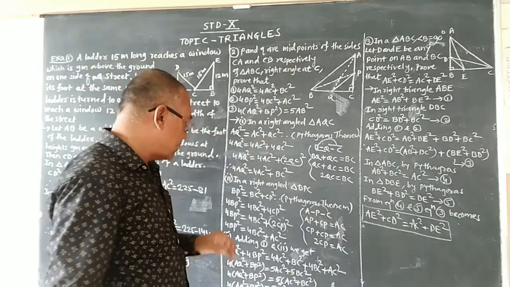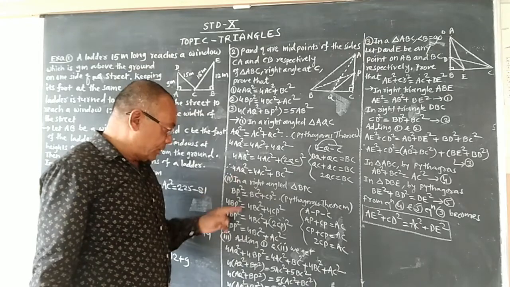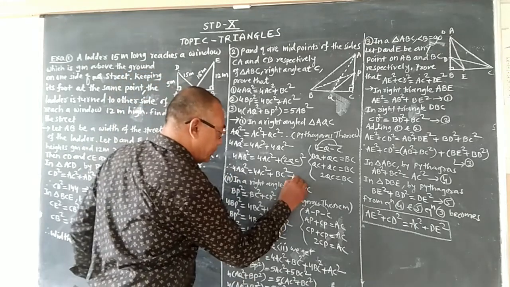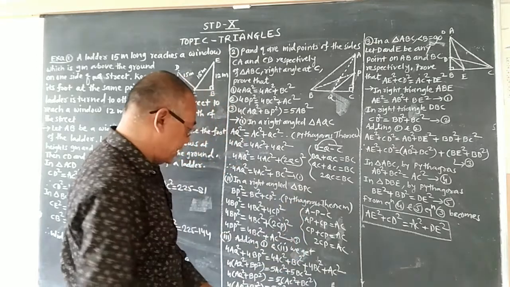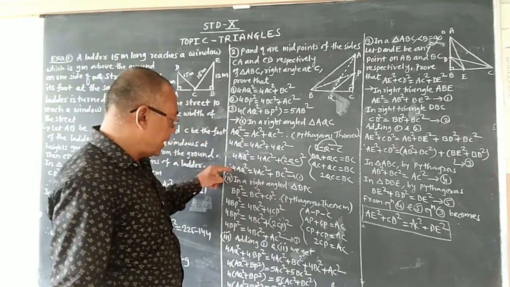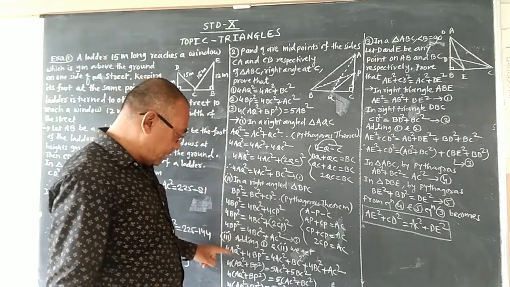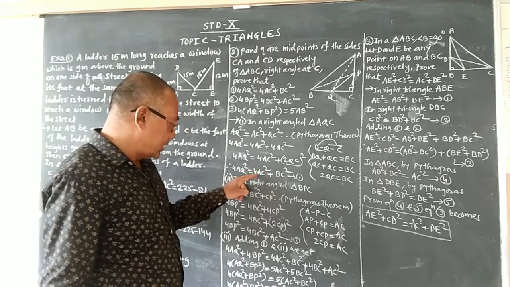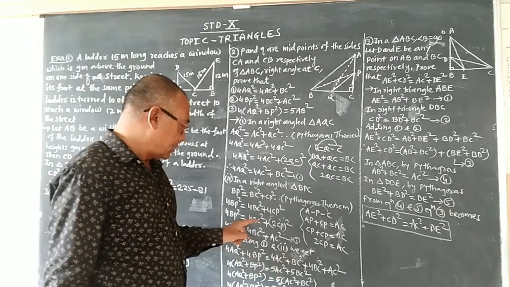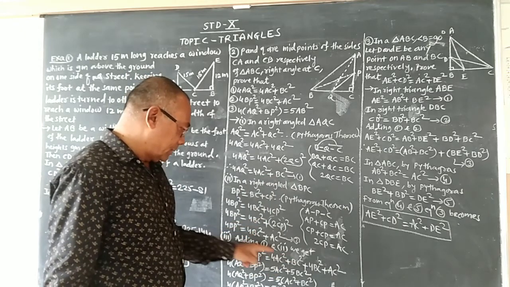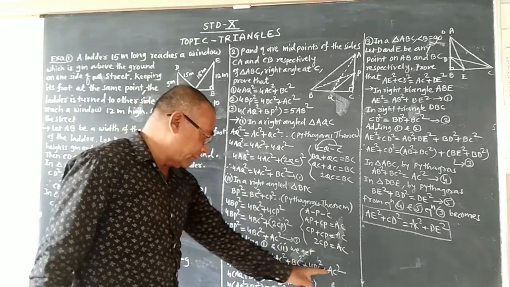Now here adding equation 1 and 2, if we consider equation 1 and this is equation 2, and adding we get here 4AQ square plus 4BP square is equal to 4AC square plus BC square plus 4BC square plus AC square.